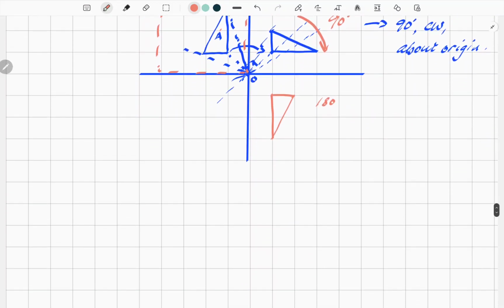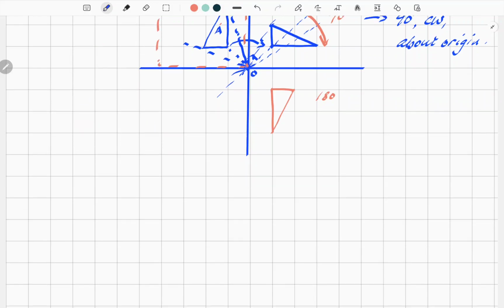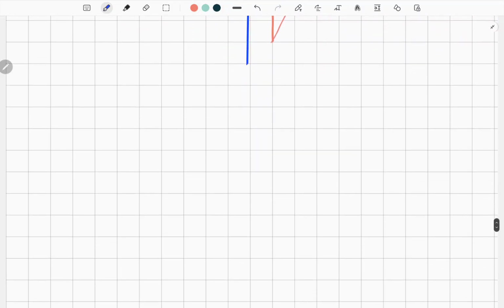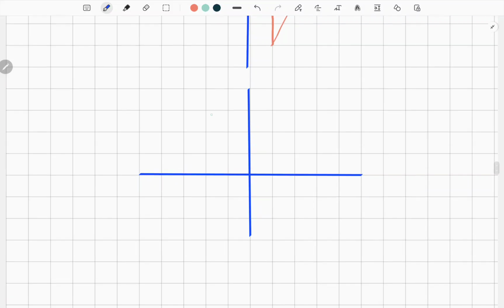I want to show just one more that isn't about the origin, in case you get a tougher question. And I'm not going to do the tracing paper stuff because I'm not very good at that. What if I had exactly the same shape?